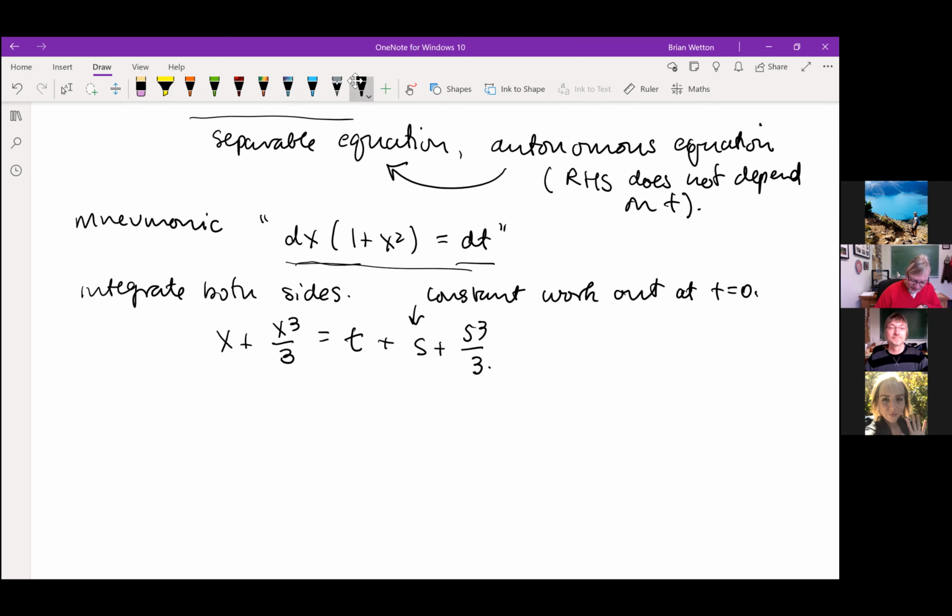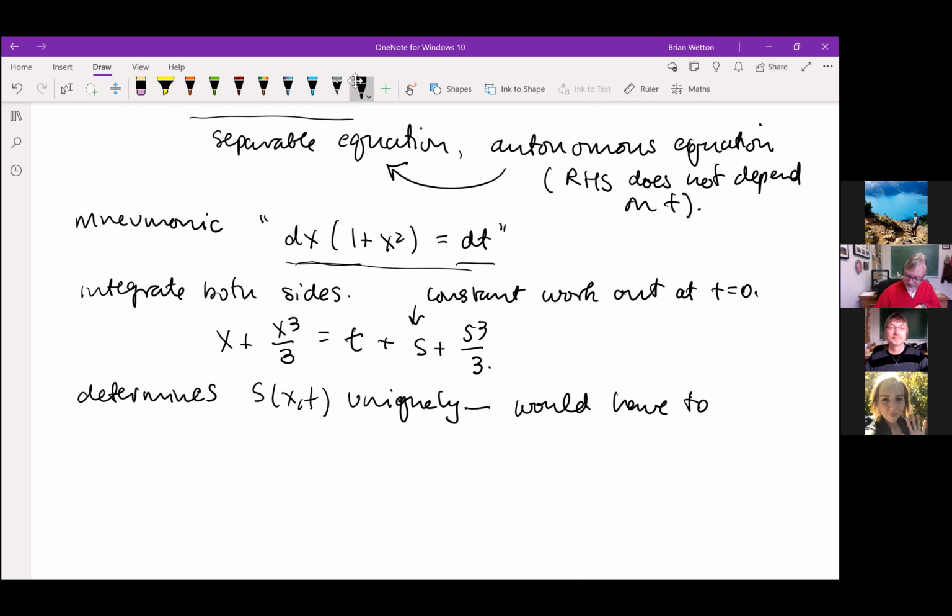So this determines s of x and t uniquely. Well, except that you would have to solve a cubic equation and pick the right root.